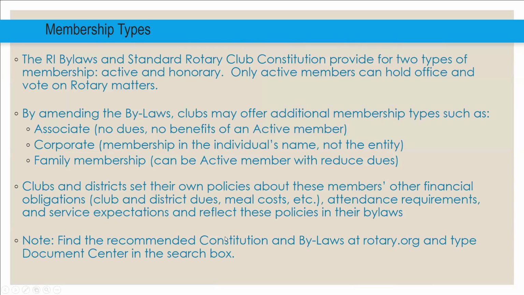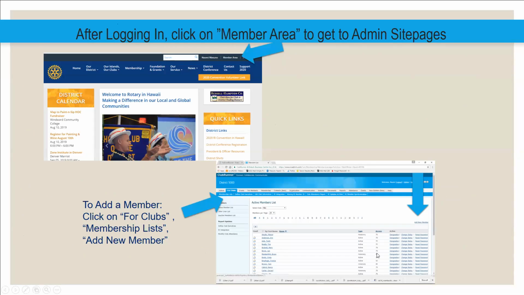So that membership list, or does it download from RI? This membership list is already in the district website, but it is information coming from Rotary International. So your club should have the same list that Rotary International has.